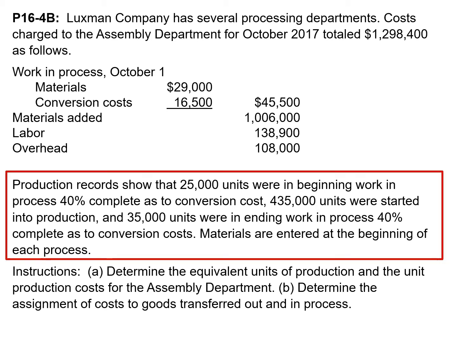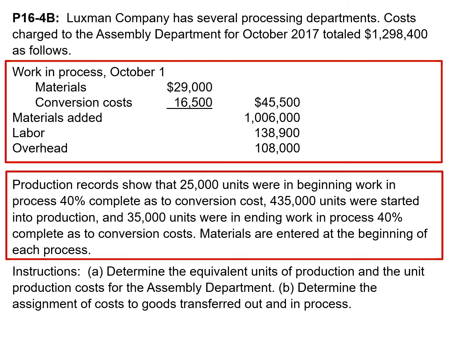So again, we have 25,000 units in our beginning work in process. We know that we started 435,000 units, and we have 35,000 in ending work in process. That's all that we're given when it comes to our units, but that's all that we need. We can figure out everything with those three numbers. And again, when it comes to our cost, we're going to take a look at our cost in step 3.